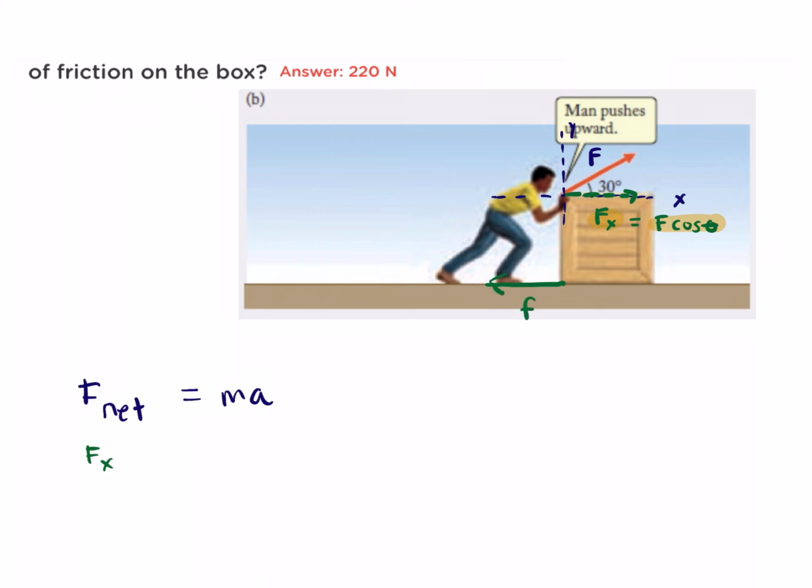If Fx is directed to the right, we will have it positive, so friction should be negative. So we will have minus f, and that is equal to ma. Now we expand this: Fx is F cosine theta minus friction is equal to ma.